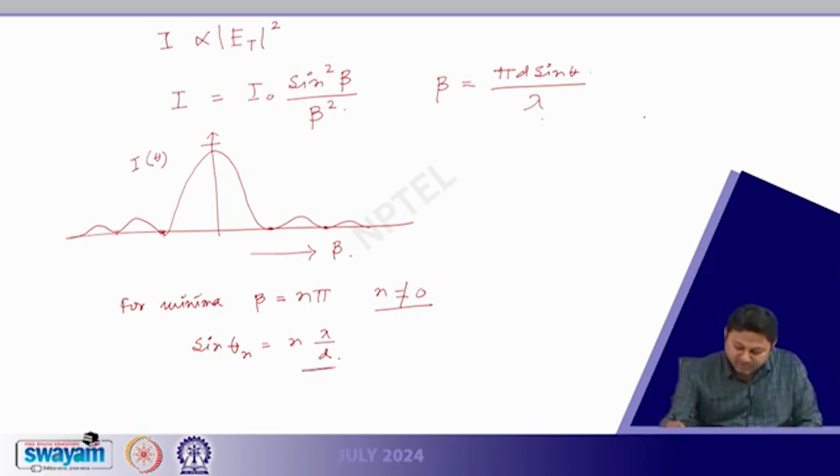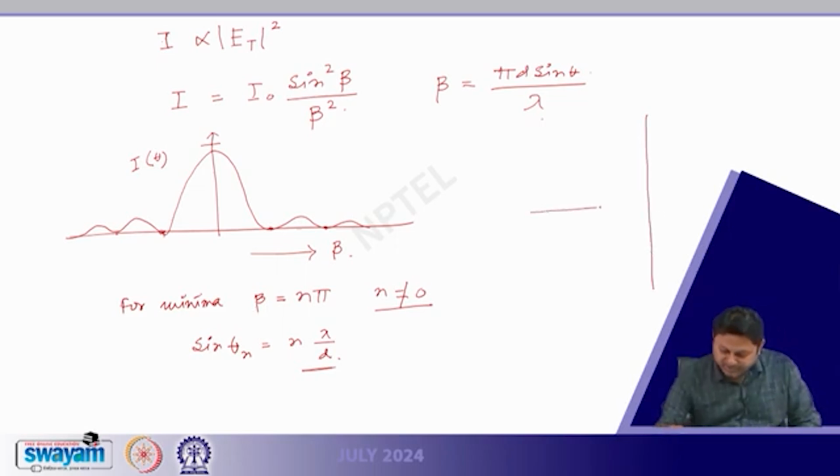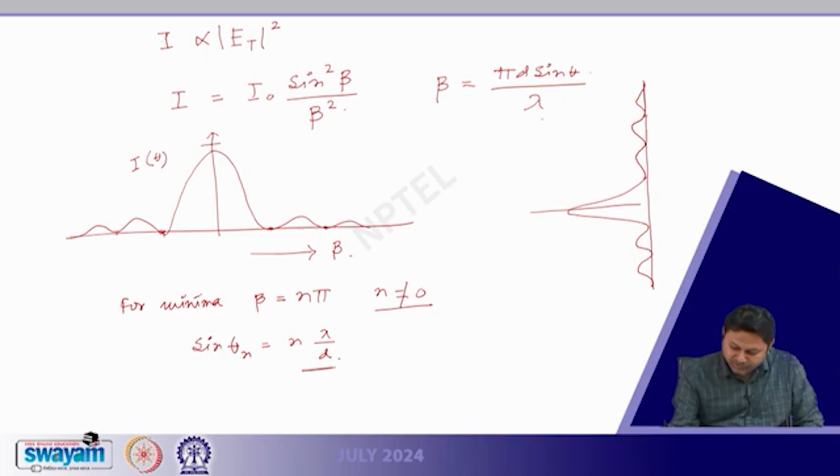So, how will these things look? The structure will be like this. We have a structure like this, and it goes to infinity with reducing amplitude.